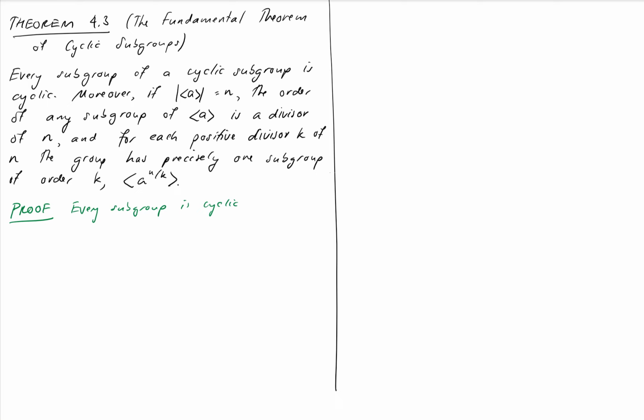Right, so where will we start? We're going to just set up, again, like we normally do, our actual problem. So we've got a group G, which is generated by a. So here's our cyclic group we're going to work on.